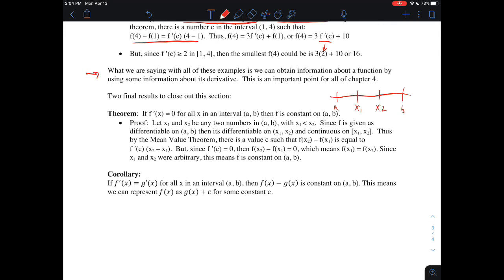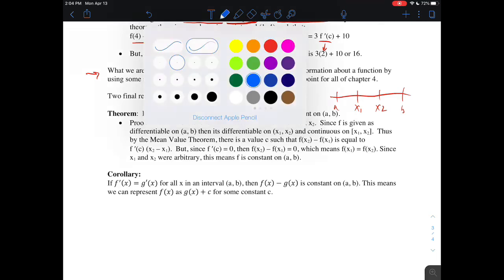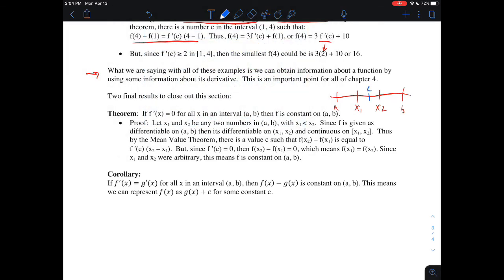Since f is given as differentiable on ab, then it is differentiable, of course, on the smaller interval x1, x2, which then, of course, means that it's continuous on x1, x2. Thus, by the mean value theorem, there is a value c in the interval x1, x2, so you could say there's c, such that f of x2 minus f of x1 is equal to f prime of c times x2 minus x1.